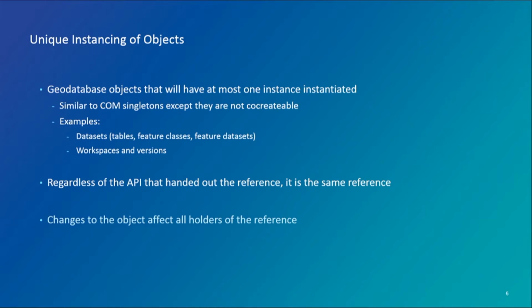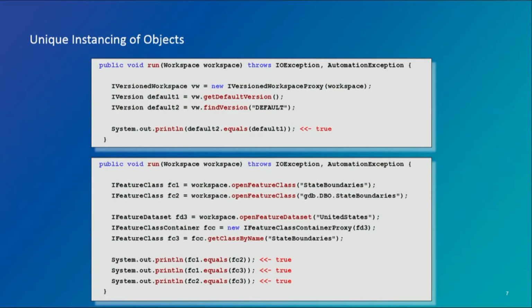Some of the things that are unique instance are data sets like tables, feature classes, and feature data sets, or workspaces or versions. So in ArcObjects, there's often many different ways that you can access a particular thing, and all this is really saying is that no matter which way you access it, it's still the same object. So if you make a change to one of the ways that you opened it, it will affect all of the opened objects.